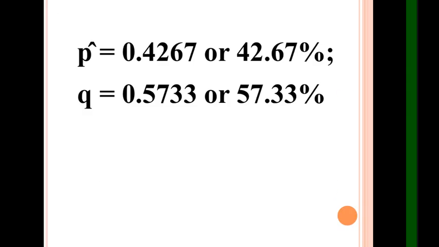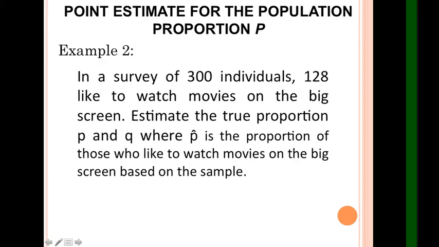So for this one, we have 128 over 300. That is for P. And for the Q, you will just subtract 1 minus 128 over 300.